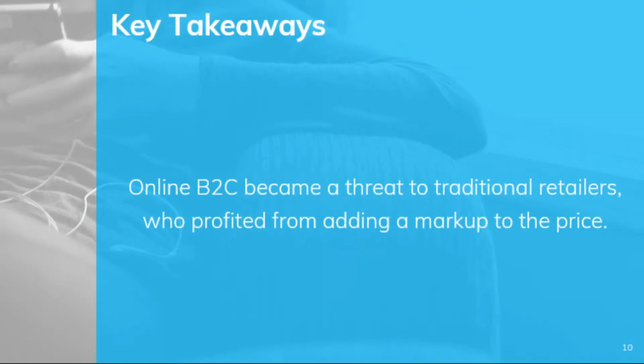These traditional retailers are the ones who profited from adding a markup to the price. So from the supplier, they would get the products, and these retailers earn their income from adding a markup price to the items. Okay, so B2C became a threat now to them.